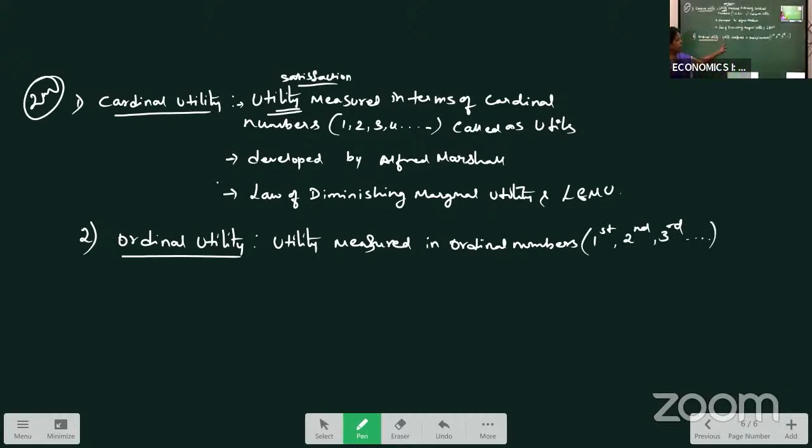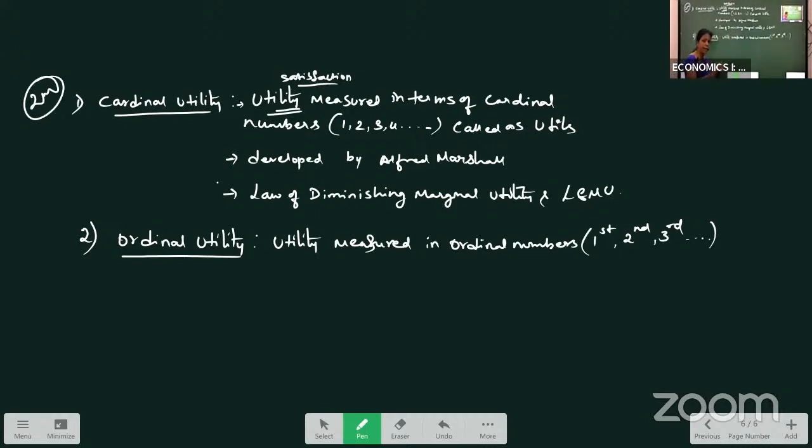Why do we say this? Because in reality, if you observe, can we measure our satisfaction? I got 10 satisfaction, I got 20 satisfaction. No, that is not possible in reality. But Alfred Marshall used it to explain basic consumer behavior. In reality, how do we calculate our satisfaction?